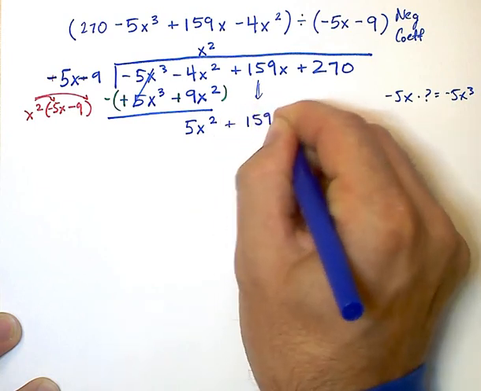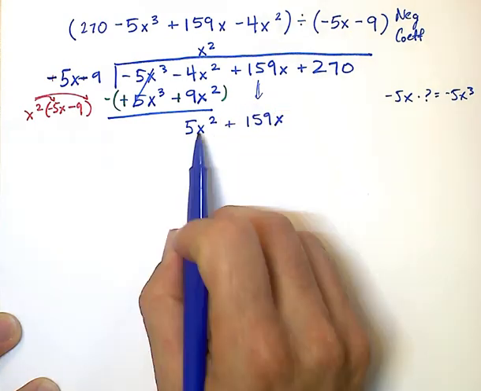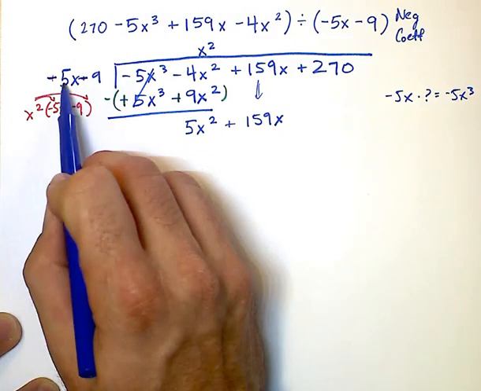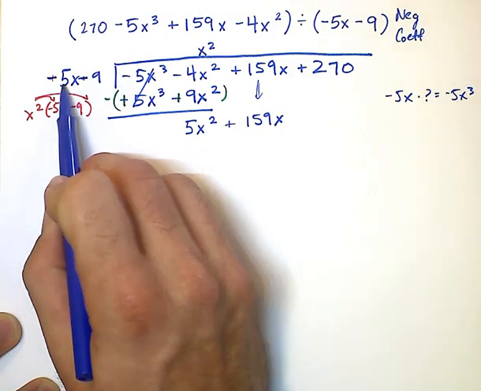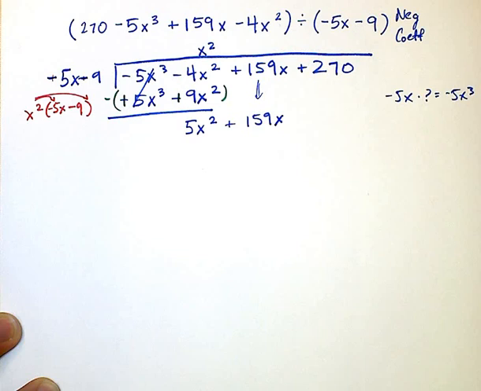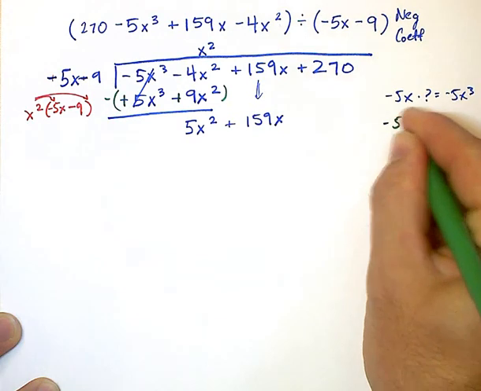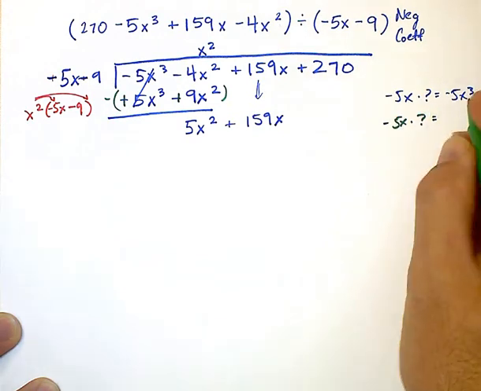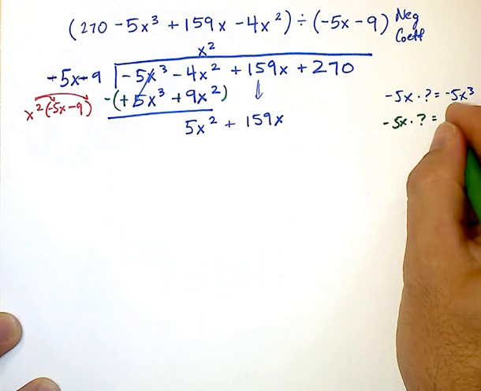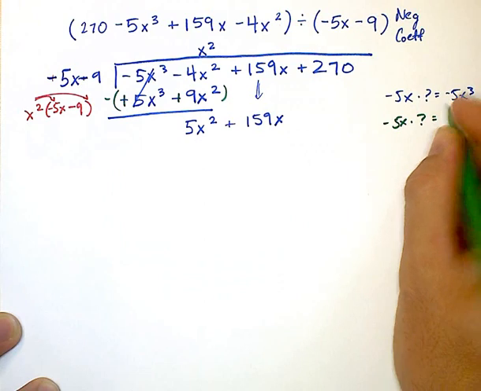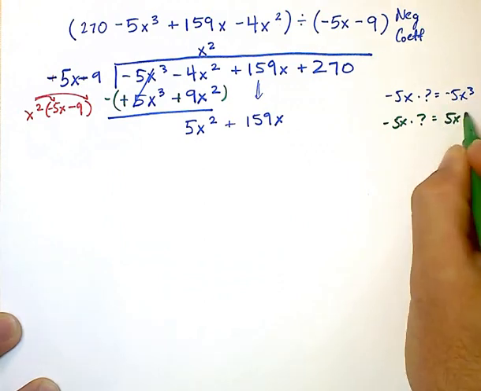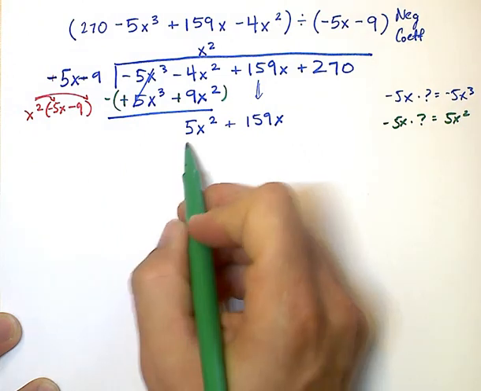159x. Now again, I'm looking at this value, and our negative 5x outside here, and what times negative 5x is going to give me a 5x squared? Now I want it to be positive, because I know once I subtract, the sign's going to change.